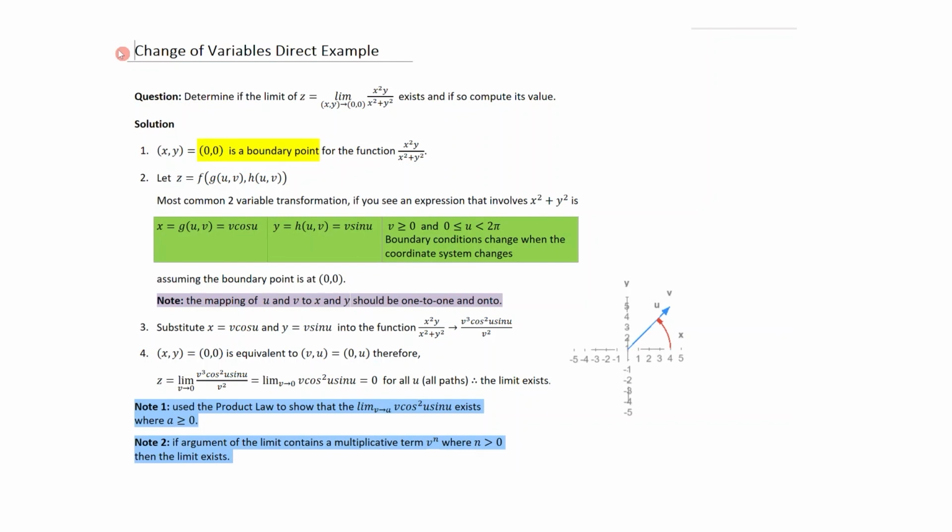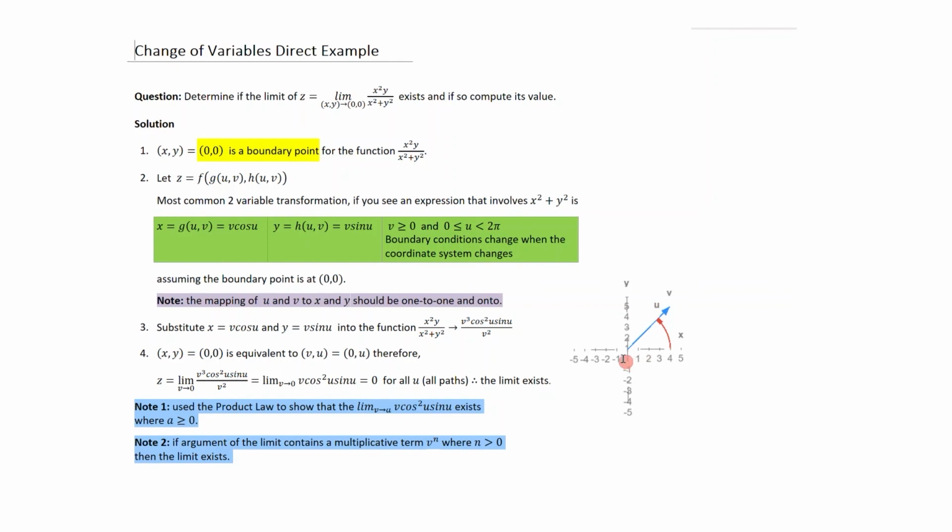All right, so the next thing to figure out is, if we're going to approach the point 0,0 in the xy plane, what is the point that we would approach if we're looking at the UV plane? Well, in the UV plane, the value of v would approach 0, but u could take on any value. Now, if you look on the right, you'll see the measurements that are taken.